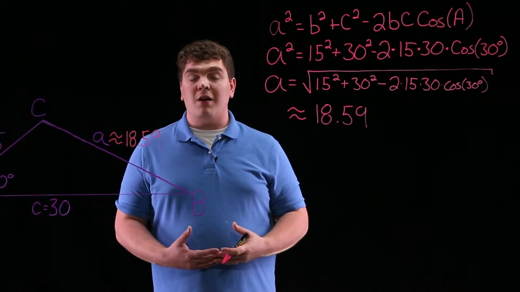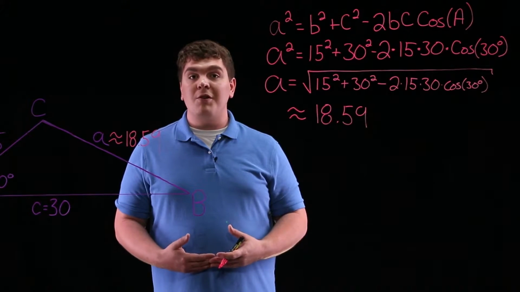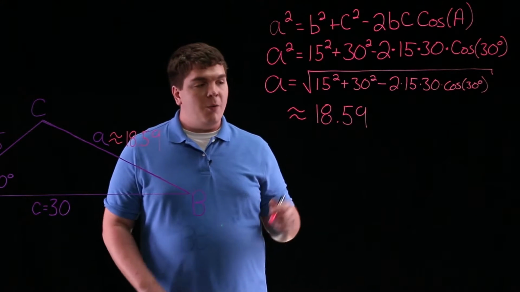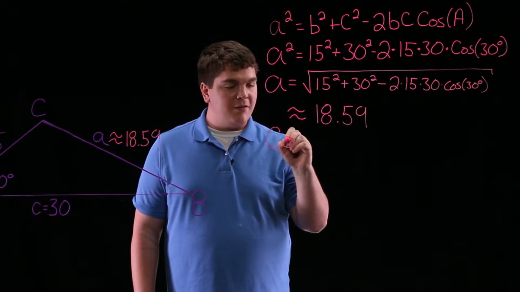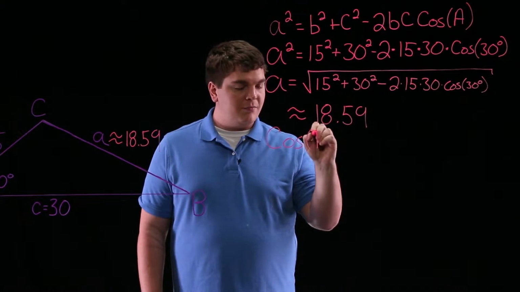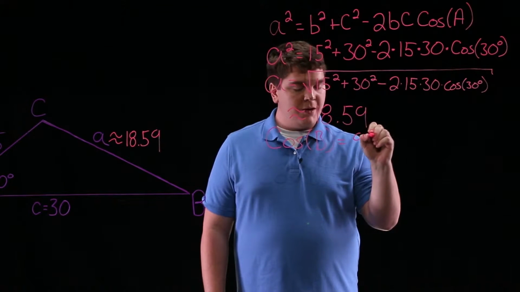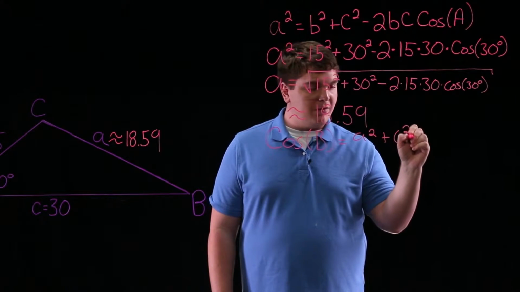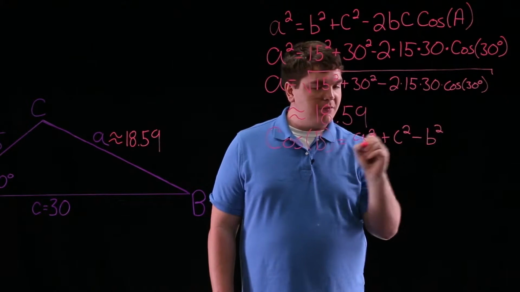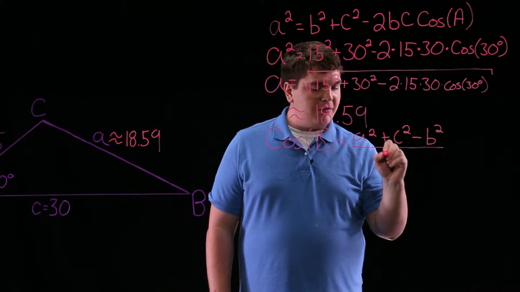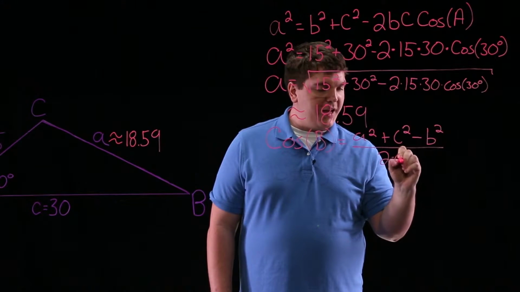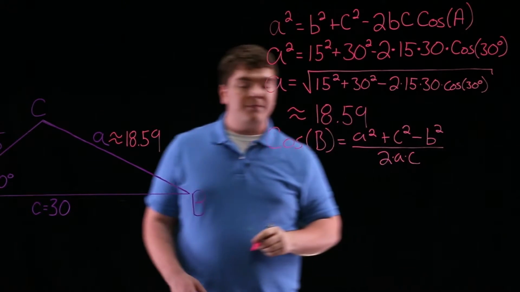Next, we'll again use the law of cosines, but this time we'll use it to find the angle B. We know that cosine of B is equal to a squared plus c squared minus b squared divided by 2 times a times c.